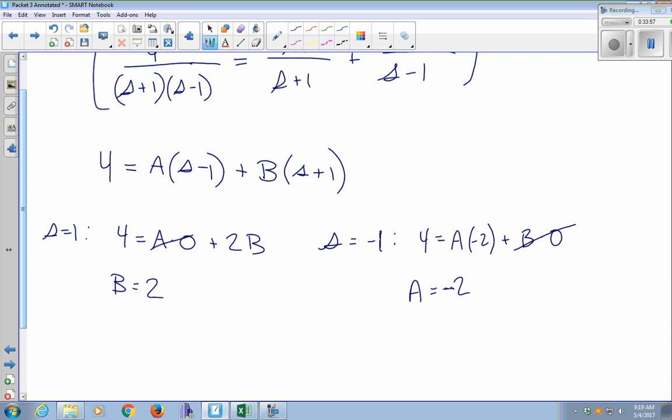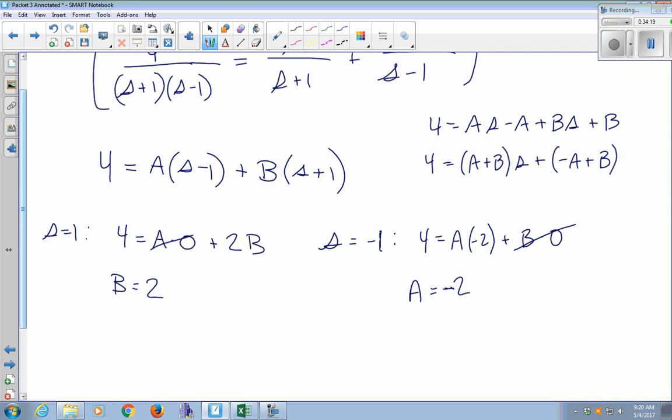The other method was to distribute. So you have 4 equals as minus a plus bs plus b, and then gather your s terms. So you have (a plus b) times s, and then gather your constant terms, negative a plus b.